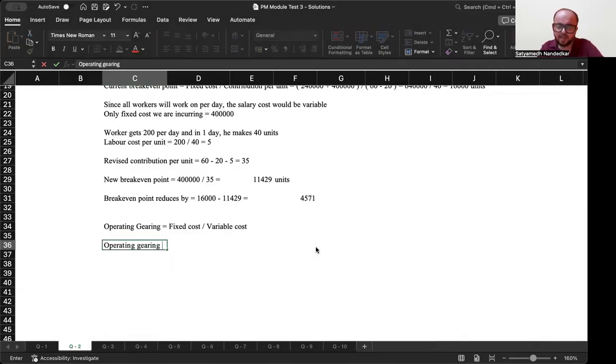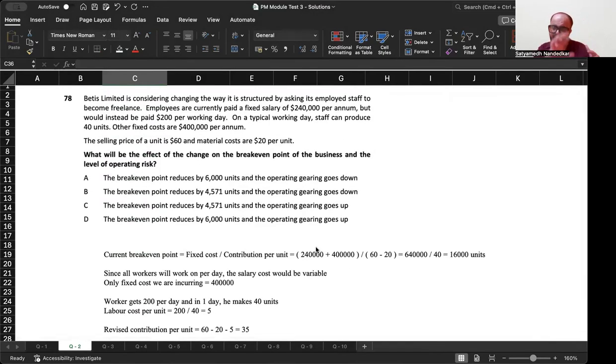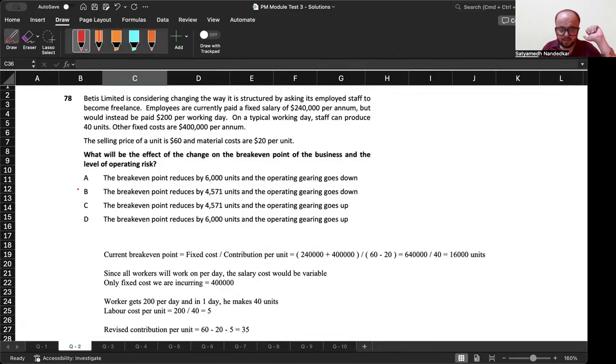Operating gearing before this change takes place is fixed cost upon variable cost. If you don't want to apply the formula and do that analysis, something that you can keep in mind is, see, operating gearing is basically a measure of the fixed cost in your overall cost structure. Now, if you observe, the overall fixed cost is reducing in this case. Correct? Fixed cost is reducing. That means risk is reducing. So operating gearing is reducing.